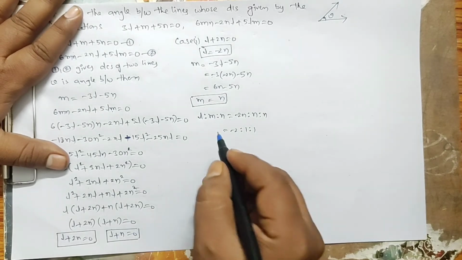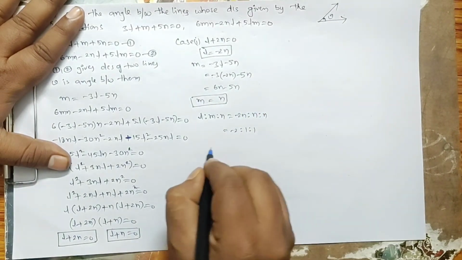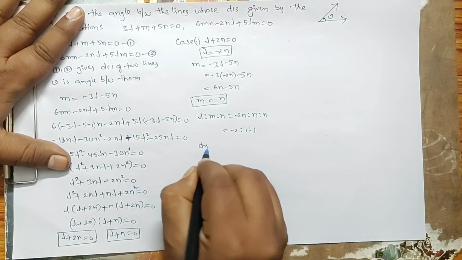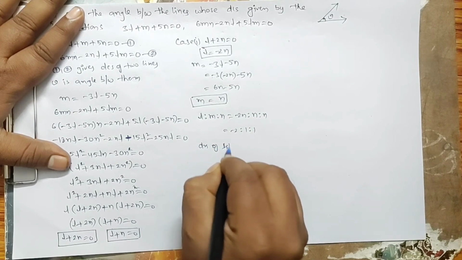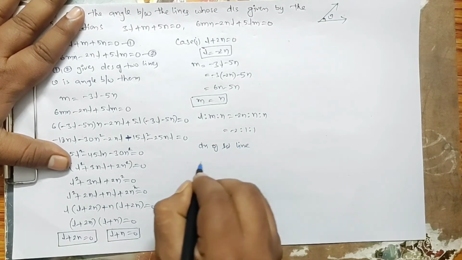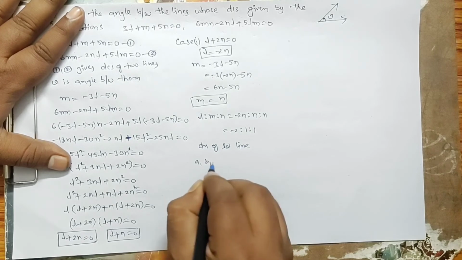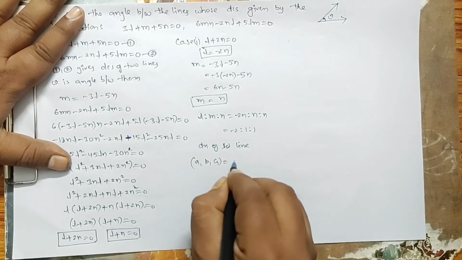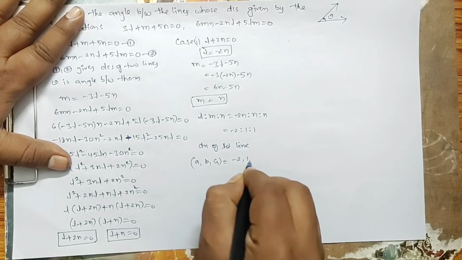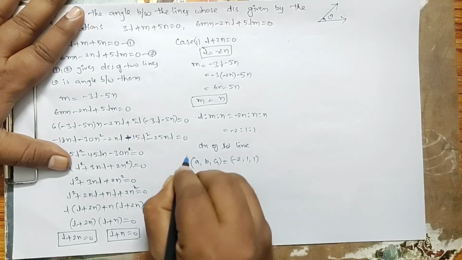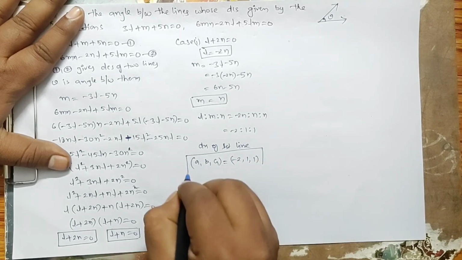Therefore take them as the DRs of the first line. So A1, B1, C1 is equal to -2, 1, 1. Keep these aside.